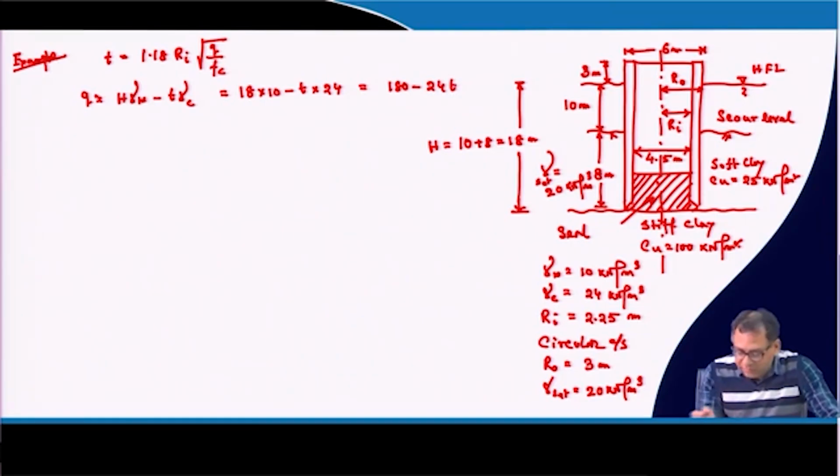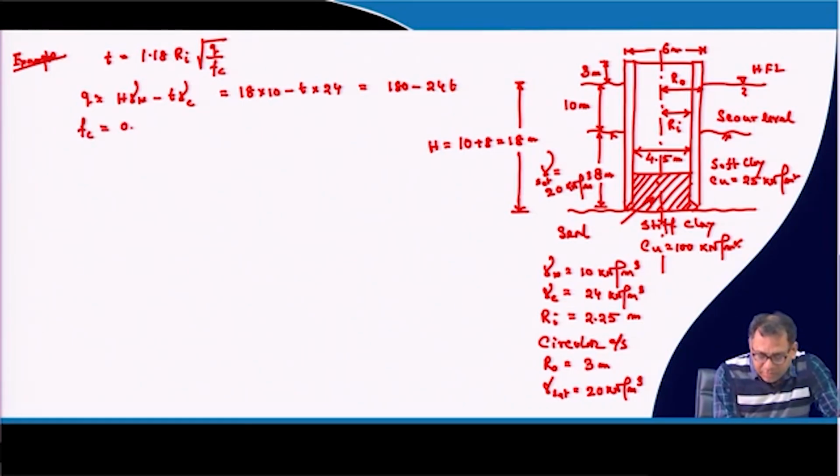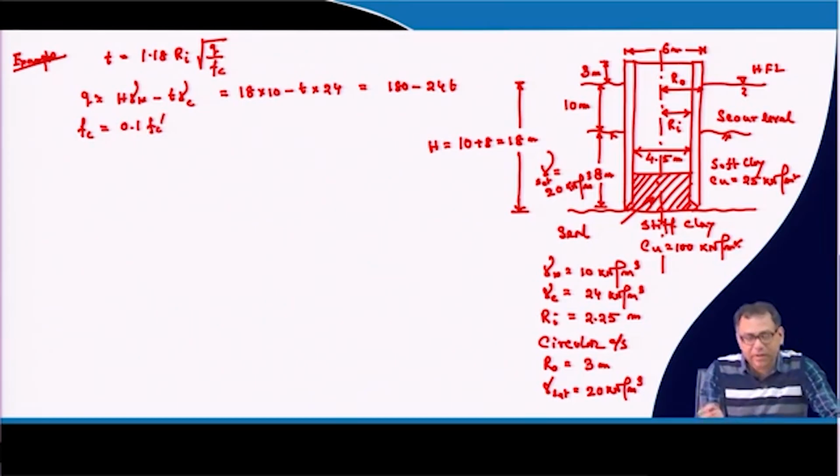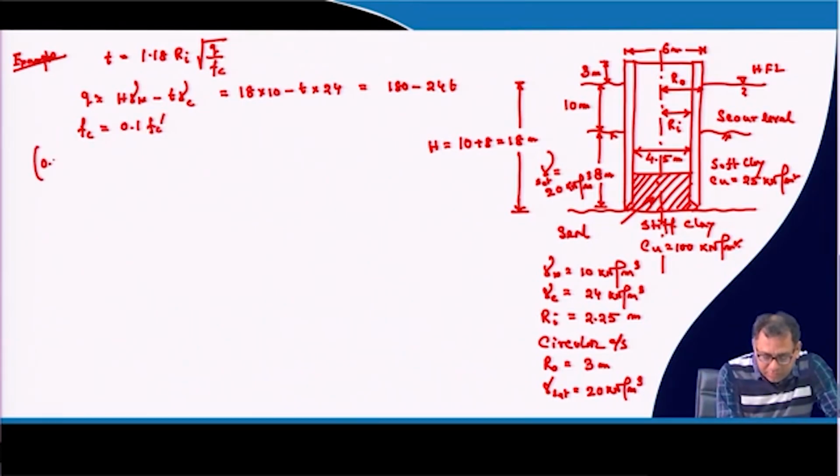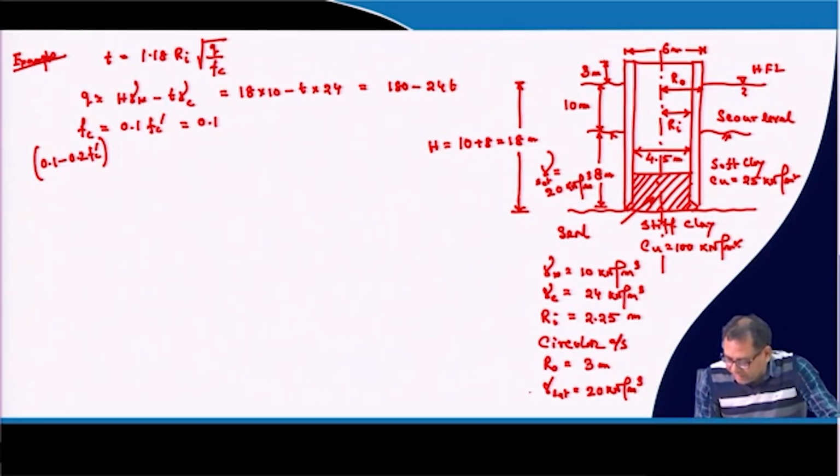The 24 is the unit weight of concrete, and then Fc we have taken as 0.1 Fc dash, because the range is 0.1 to 0.2 Fc dash. The 28 days compressive strength of the concrete is also known, and that is 20 MPa.